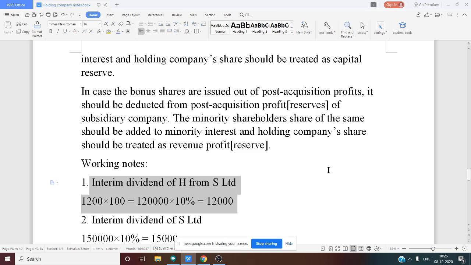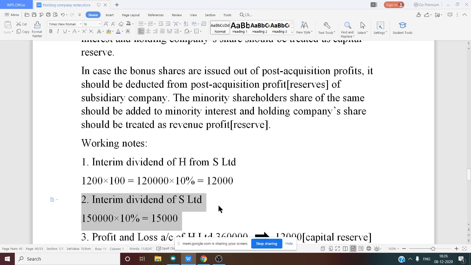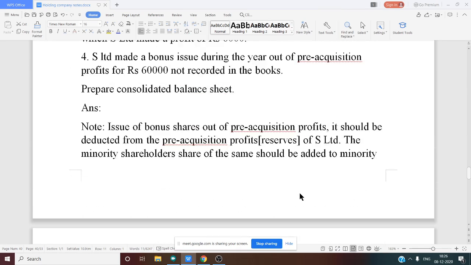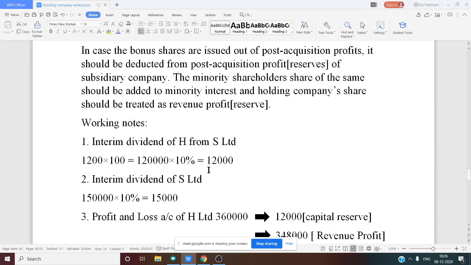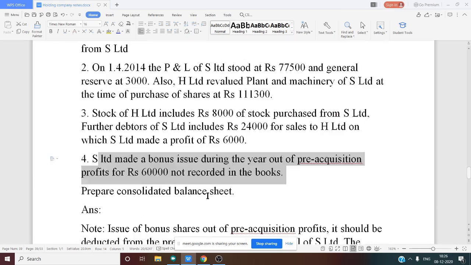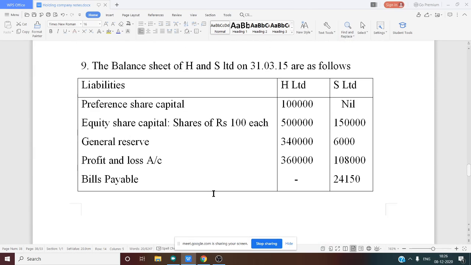So now after this first working note, similarly we have to find the interim dividend of Yes Limited. This is an assumption in the problem, because of the bonus issue. Bonus issue is there, so we'll assume that there is an interim dividend also. So now the interim dividend of Yes Limited, how to calculate? See this. Now we want Yes Limited's capital, especially the equity share capital.